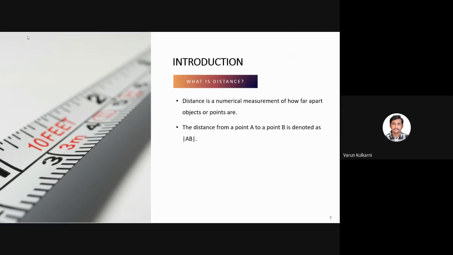In many textbooks, if there are 2 points A and B and we want to mention the distance, we denote it via modulus of A and B. There are many units such as millimeter, centimeter, meter, kilometer, and astronomical unit. I think millimeter, centimeter, and meter are familiar, but astronomical unit is the distance between Sun and Earth. So the distance between Sun and Earth is one astronomical unit. So this is something new.